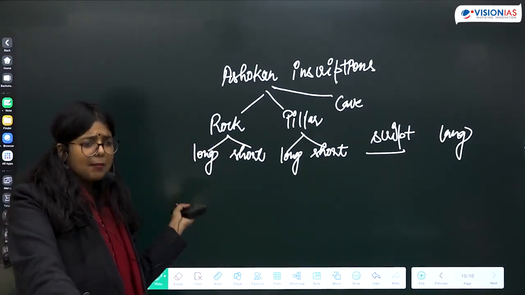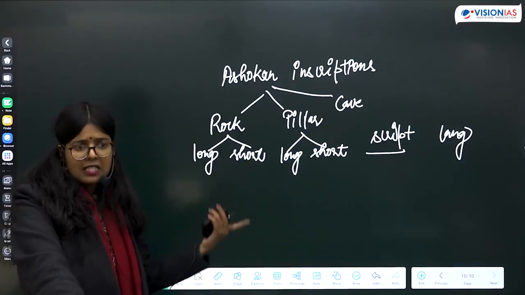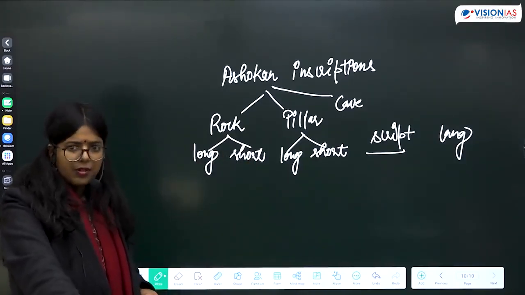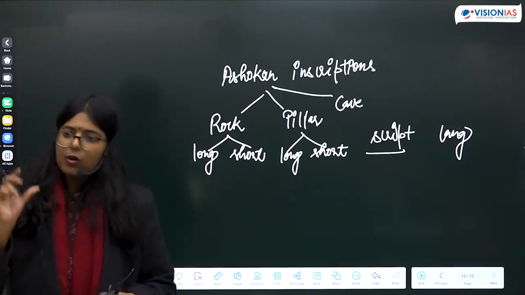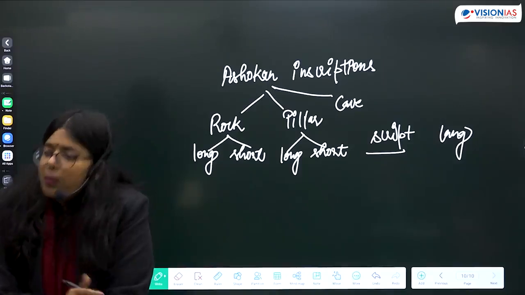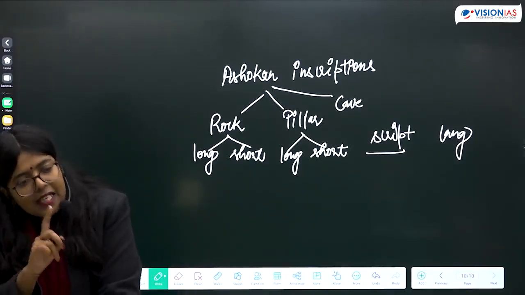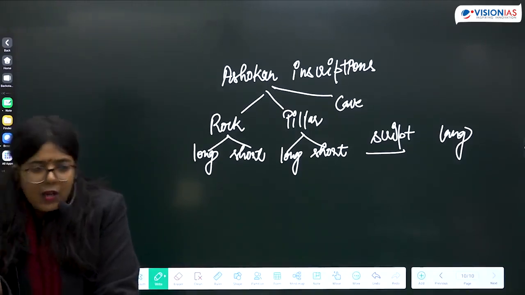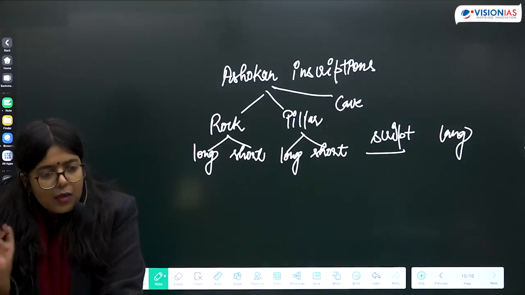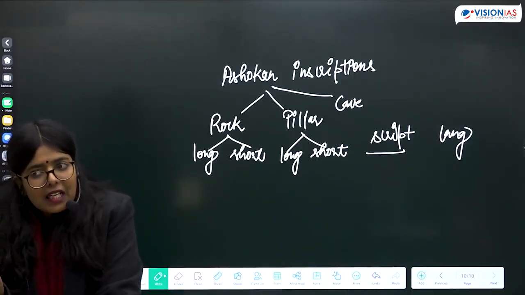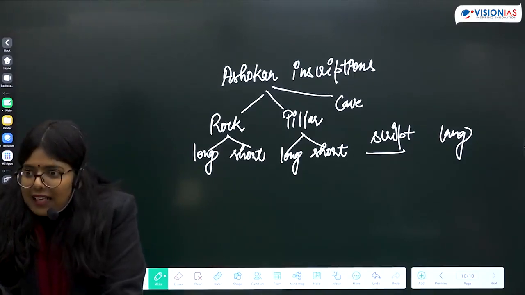So in present day Pakistan and Afghanistan, the inscriptions we find are in Kharoshthi script. When we say Brahmi script, the language will be Prakrit. When we say Kharoshthi script, the language will be Greek and Aramaic.